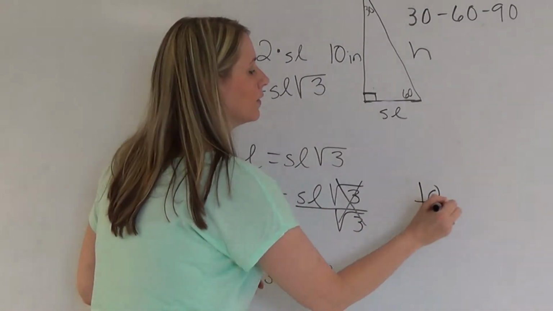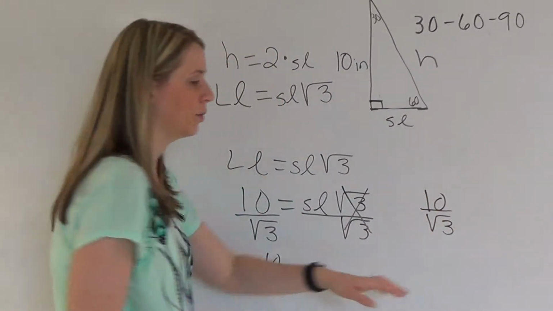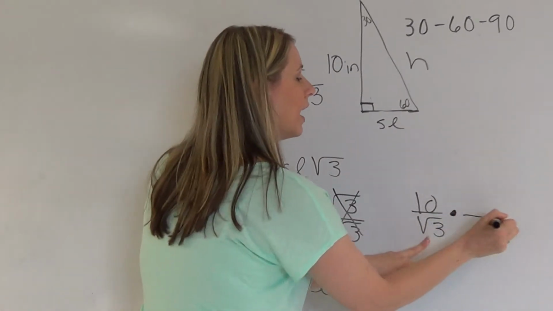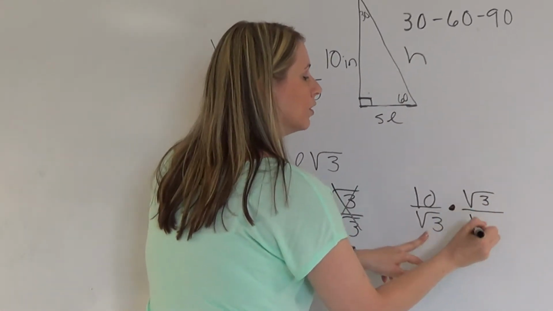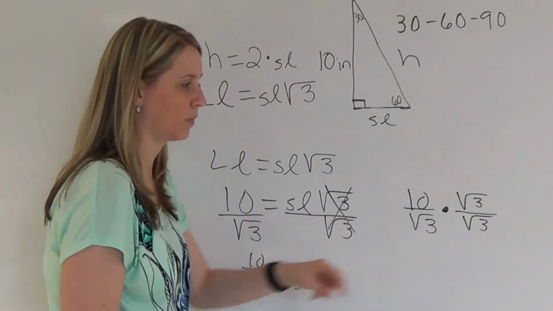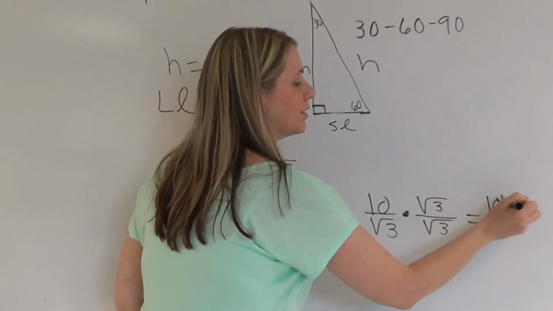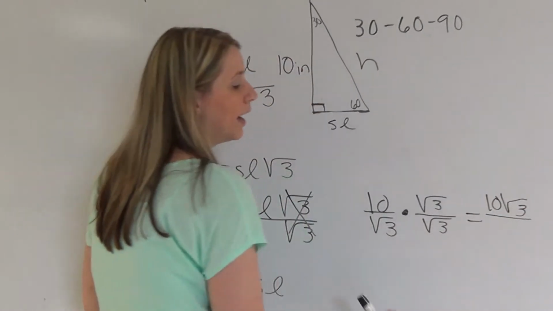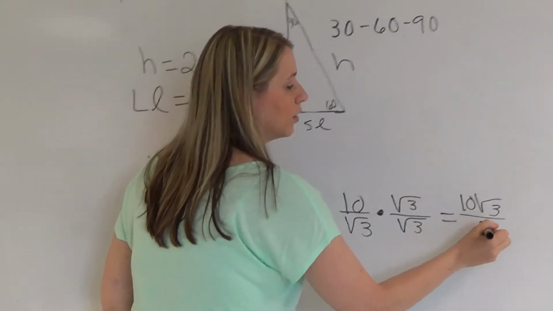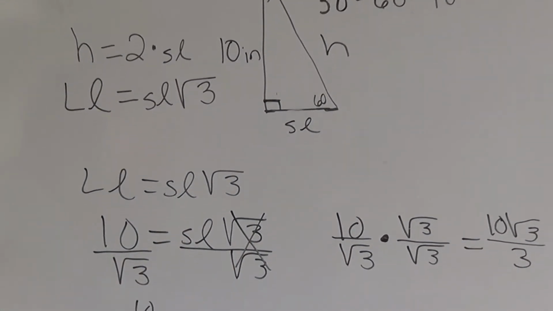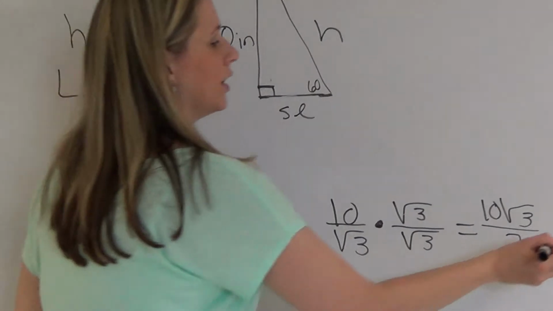We look at our denominator, it is the square root of 3. So we have to multiply by the square root of 3 over the square root of 3. And we get 10 square root of 3 divided by, take the number out of the radical, 3. And you really can't simplify that any further, so we just need our units, and that would be inches.